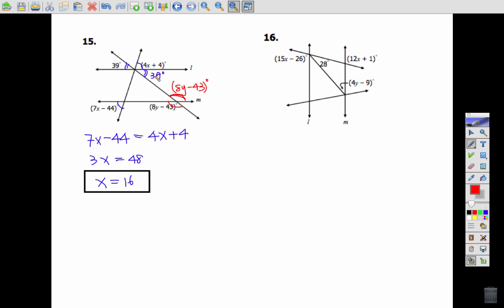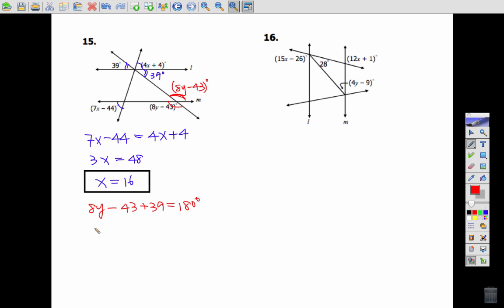Now notice this angle that measures 39 and this red one that I just did, they are same side interior. Therefore, if I add them together, 8y minus 43 plus 39, because they're supplementary, they should add up to 180 degrees.